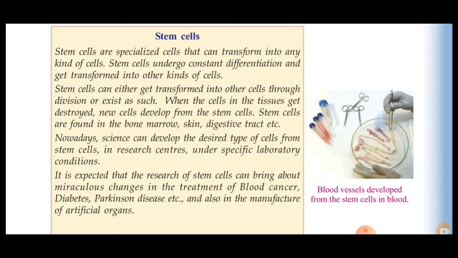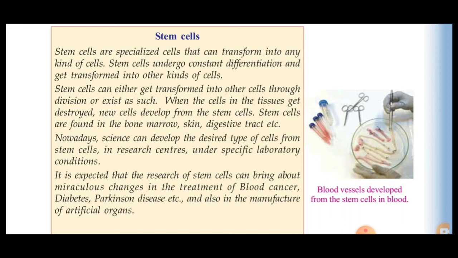Look, stem cells are specialized cells that can transform into any kind of cell. A special type of cell that can be changed into any kind of cell, such cells are called stem cells.